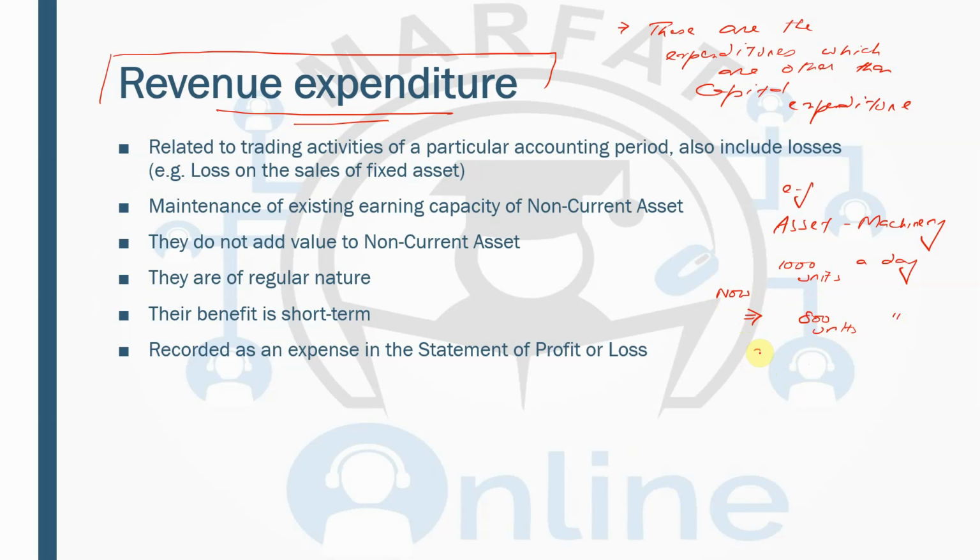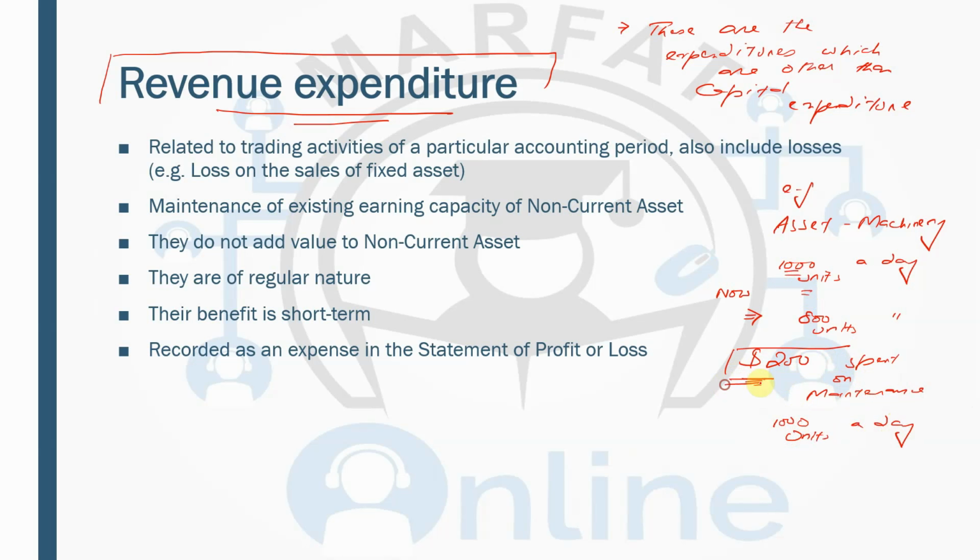Now you spent $200 on maintenance so that it starts making 1000 units again. So $200 is being spent to bring the asset back into the same condition. After this $200, the machinery is again making 1000 units a day.